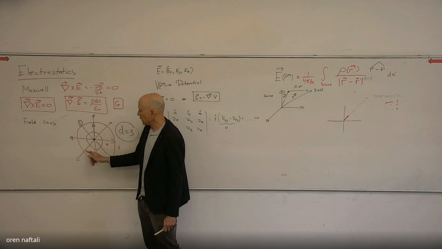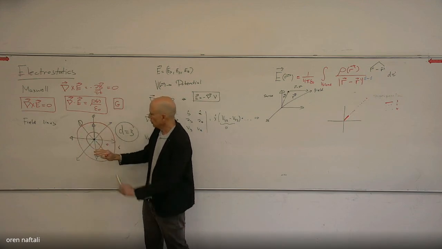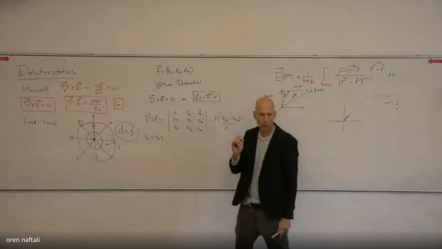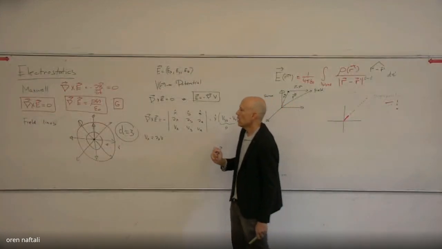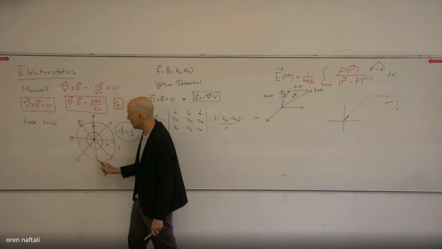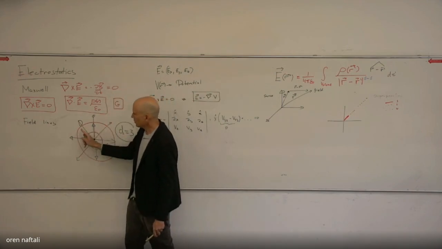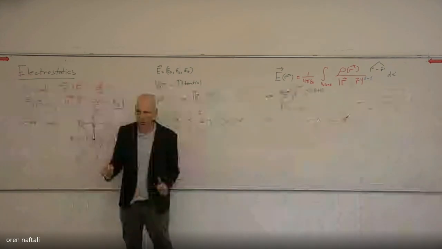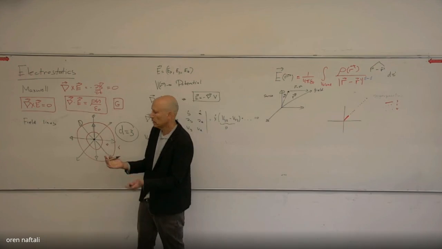The number of lines going through these 2 actually spheres is the same. That's the law of conservation of lines. It's exactly the same amount of lines. But the issue is that the density on the outer ball and the inner ball will be different, of course, because the outer ball is bigger.